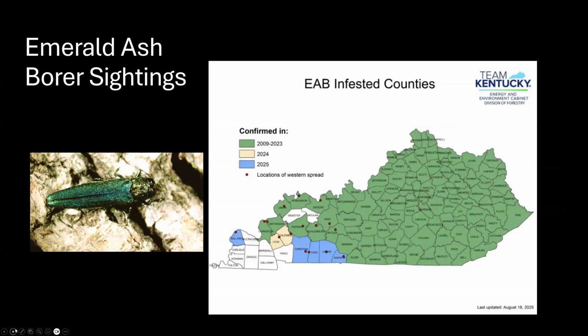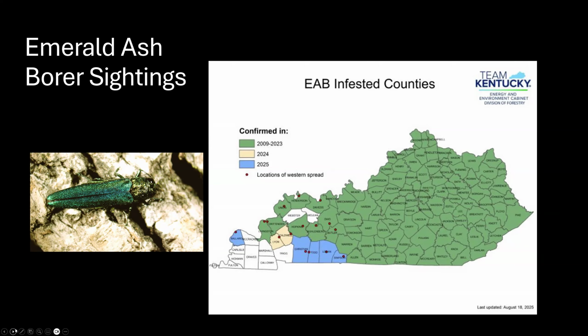But with this emerald ash borer, it's a very vibrant, colorful insect, with this iridescent green coloration. It's hard to see the adults really. You're going to see the results of the larva feeding on the tree. But this is one of our more recent maps of our counties in Kentucky that have been infested with emerald ash borer.